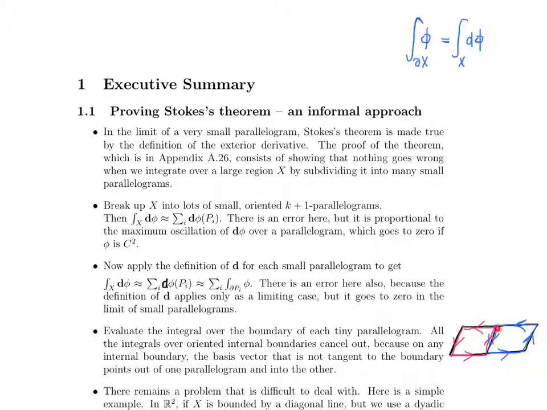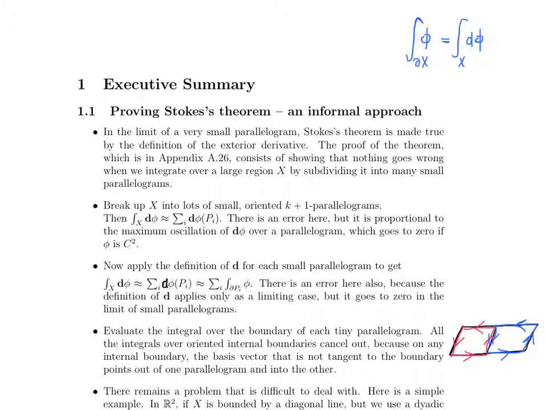And we see that this interior boundary is shared by both parallelograms and is traversed once in either direction when computing the sum of these integrals. And so it is actually going to cancel itself out when you compute it as part of evaluating phi over the boundary of the red parallelogram. And then once you add on computing phi over the boundary of the blue parallelogram, because the red one, you're traveling up, the blue one, you're traveling down, it's going to cancel and actually not contribute at all to the final sum that you will get.